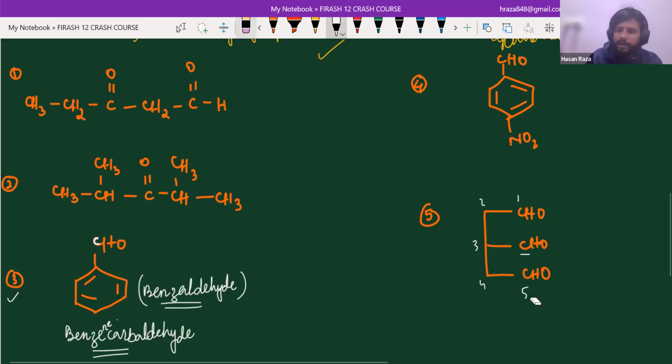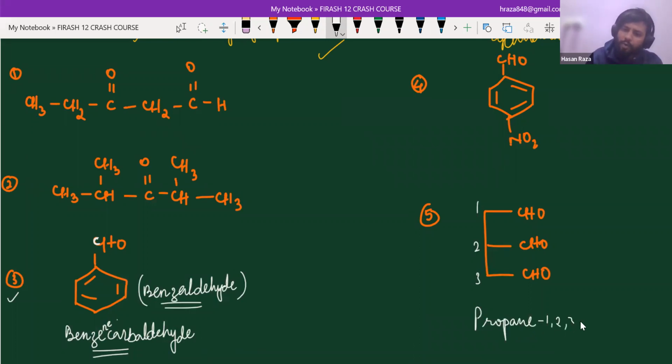So what I did is very simple. I didn't count the carbon of the aldehyde. So it will be 1, 2, 3, and for 3 carbon it is propane, and I'm going to write propane-1,2,3-tricarbaldehyde. Got it?